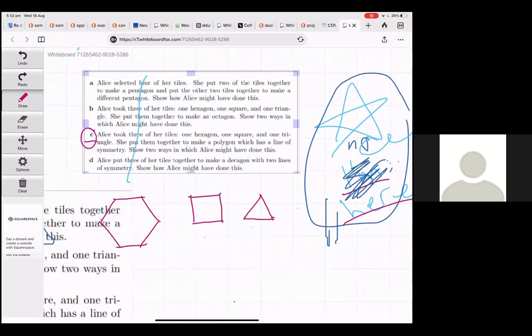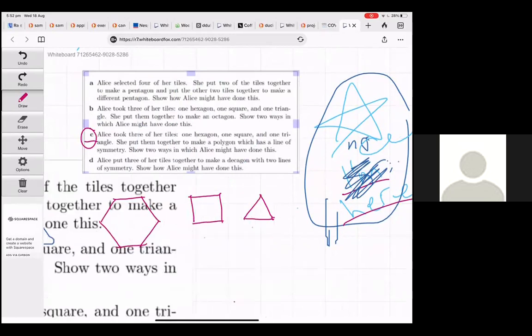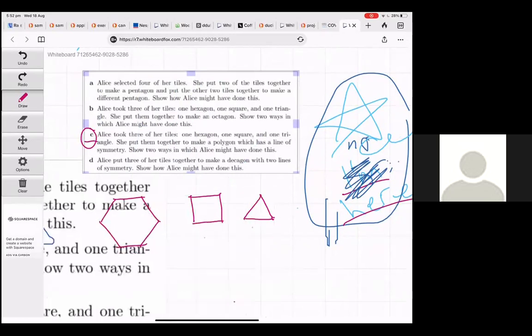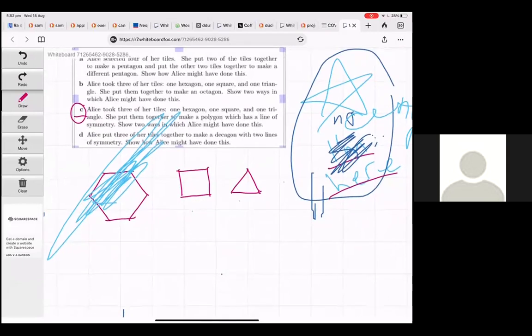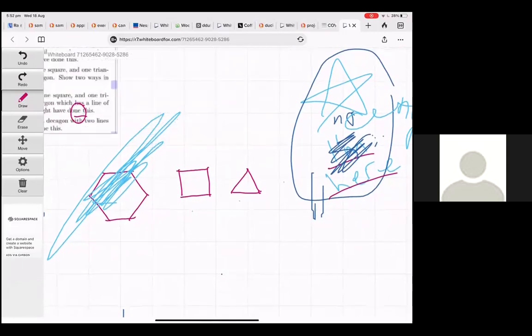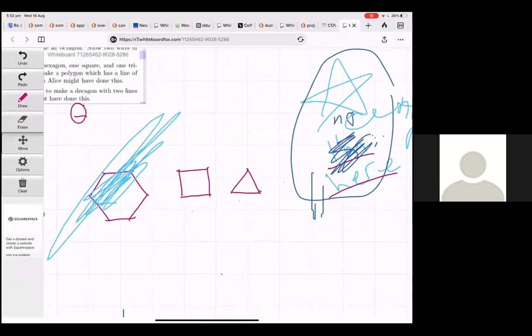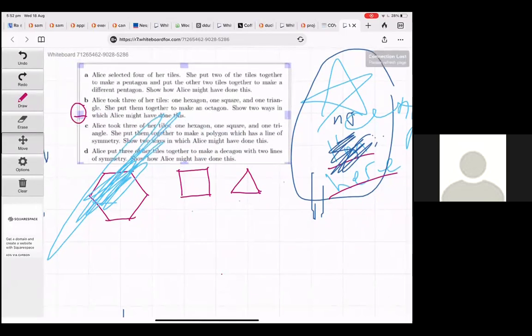Everything is the same, except Alice needs to make 2 different polygons that have a line of symmetry, where you can flip in that line and the shape stays the same. So it's like the mirror image of itself.